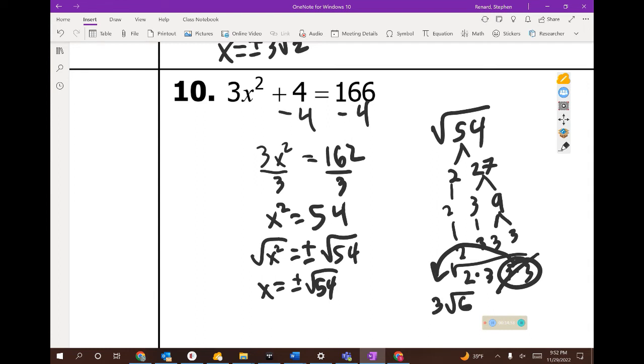If you ever want to check your work, just grab a calculator, hit square root 54, enter. Take note of that answer, and then go 3 times square root of 6, enter. It should be the exact same number.